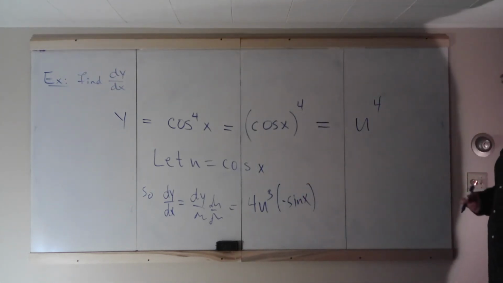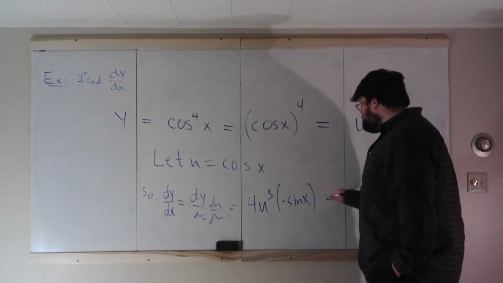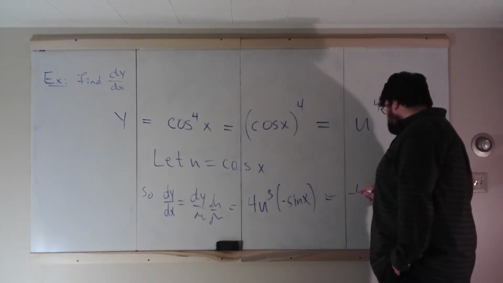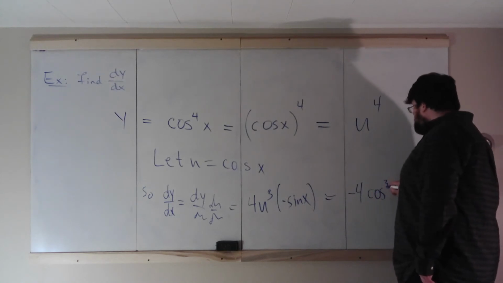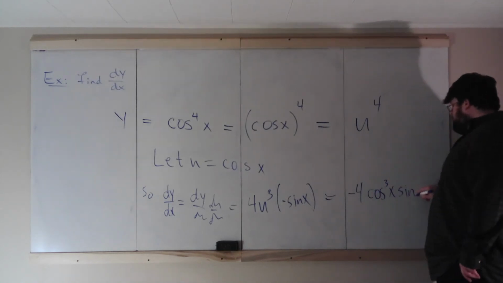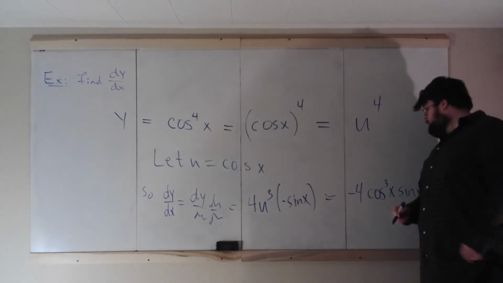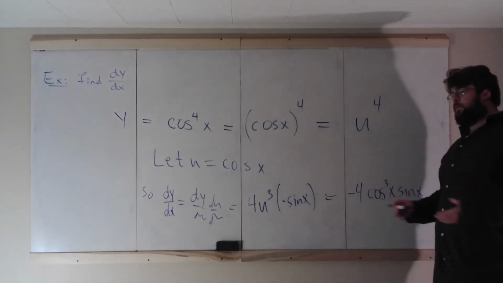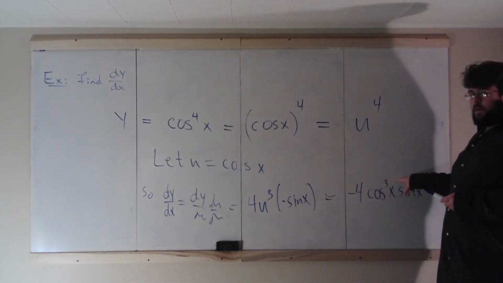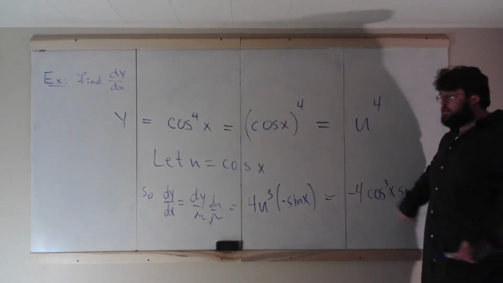And now we just want to get rid of that u, and I'm also going to put the negative out front because I don't really like how that looks. So negative 4, what's u? U is cosine, so cosine cubed of x, and then times sine of x, because I put the negative out front. So this is a function to the fourth. Its derivative is 4 of them to the third times the derivative of the inside.